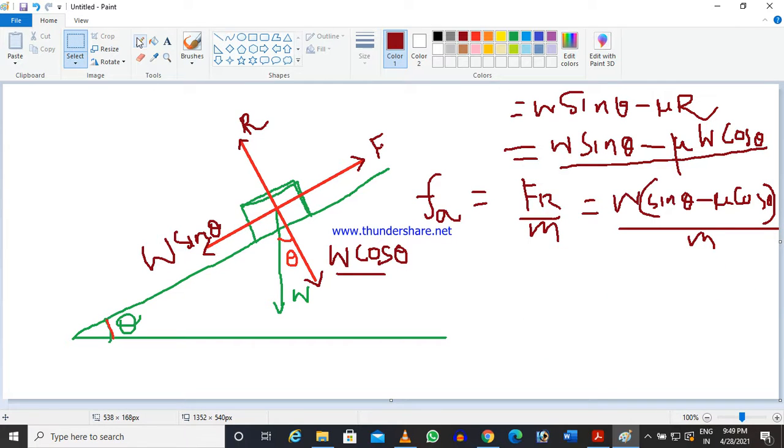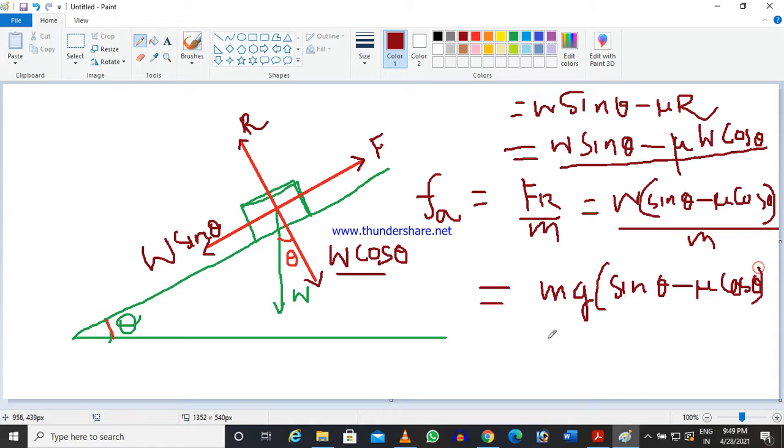So what is W? That is the weight, so mass into g, into sin theta minus mu cos theta, divided by m.